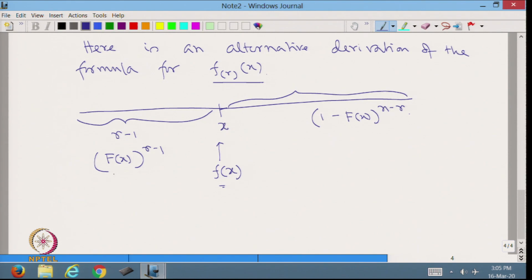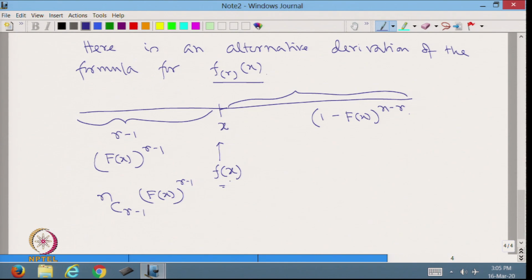Now, this r minus 1 can be chosen out of n in nC(r minus 1) ways. So, that is being multiplied by this probability.